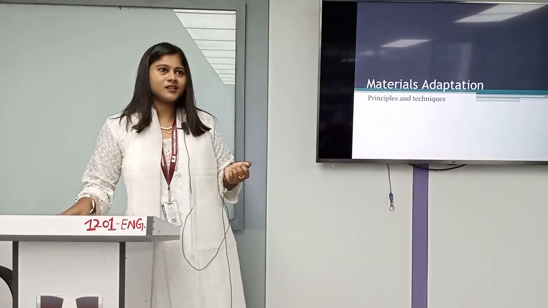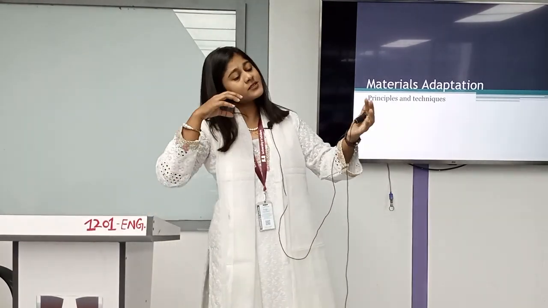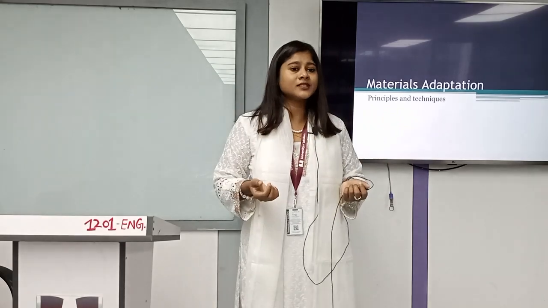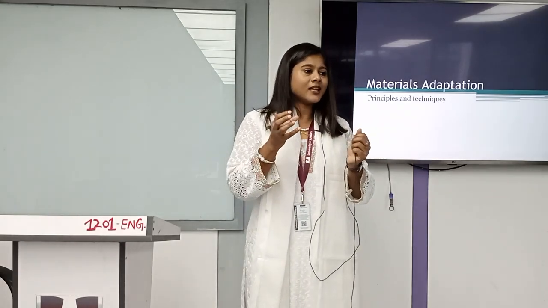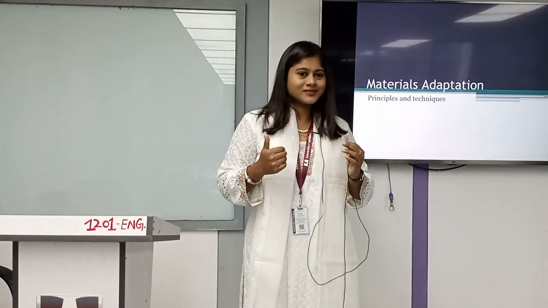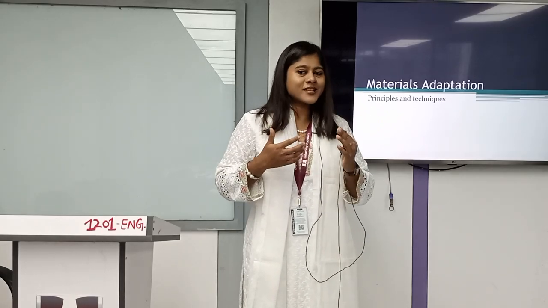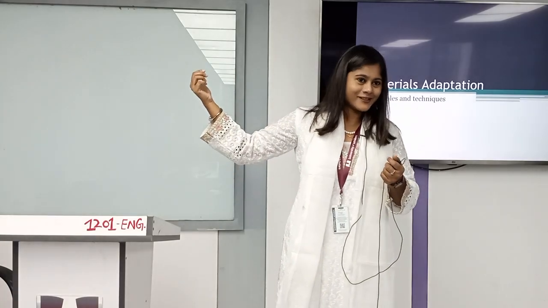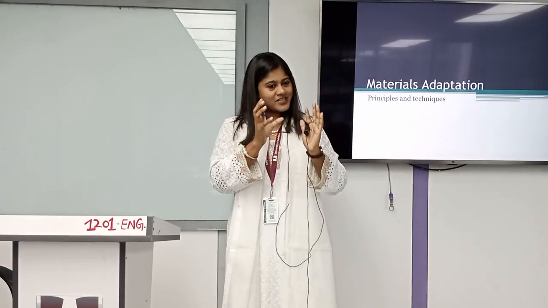I'm not saying authentic material is the only material that you will be using in the class. But sometimes, like when you want to show a conversation between two people, if you use a simulated text like English for Today, this is a created text, isn't it?